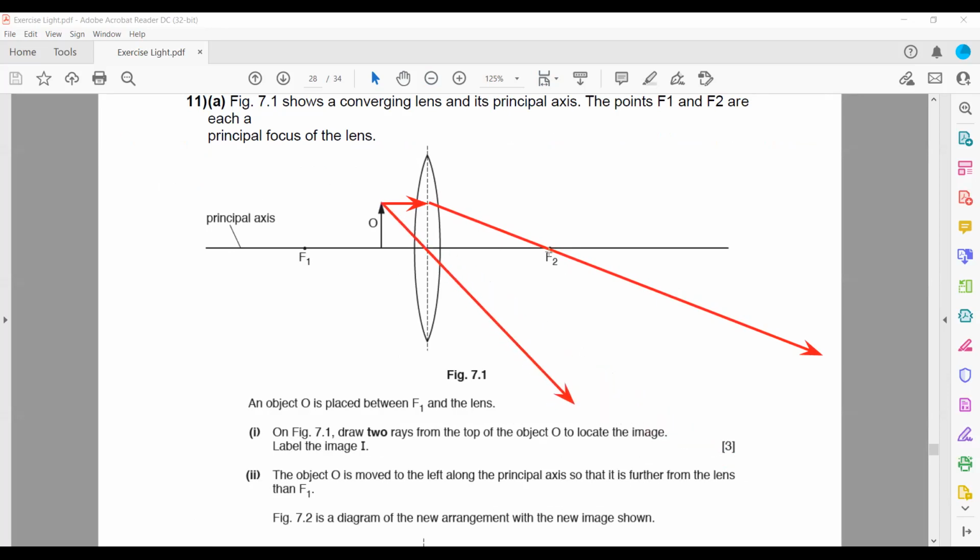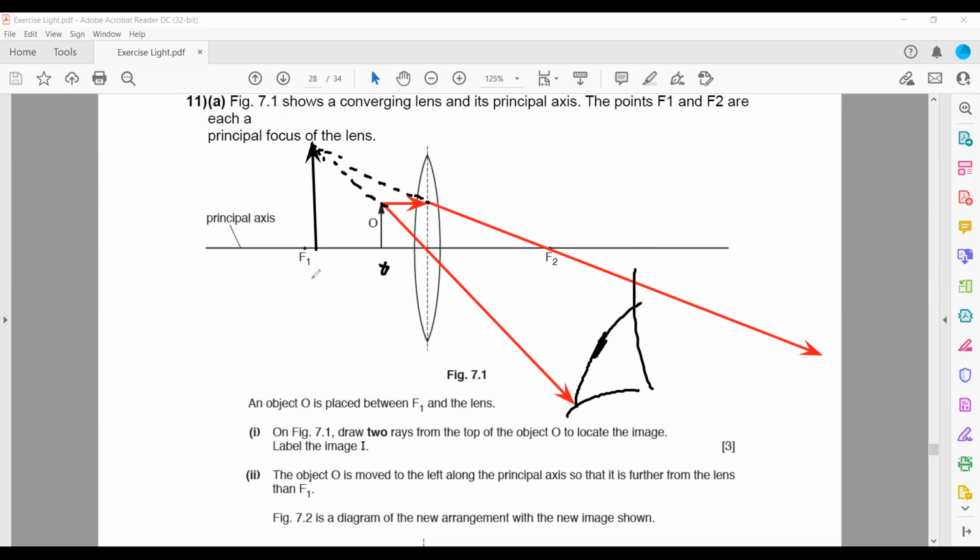So it means these two light rays will never meet. If these two light rays never meet, what is missing here? The eye, there should be an eye here. When our brain senses the light is coming straight from the object, it will produce these two light rays backward, and that creates an image, which is a virtual or imaginary image.